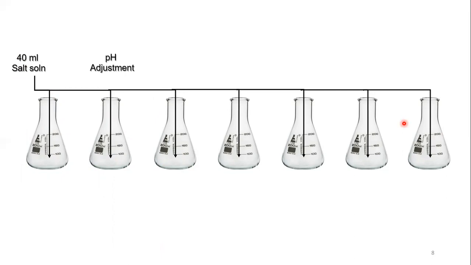The second point: now you are going to adjust the pH. So how to adjust the pH? For the first flask, you have to adjust to pH 1. The salt solution I am using, sodium nitrate, may be an acidic salt, so it may have a pH of 3 or 4.